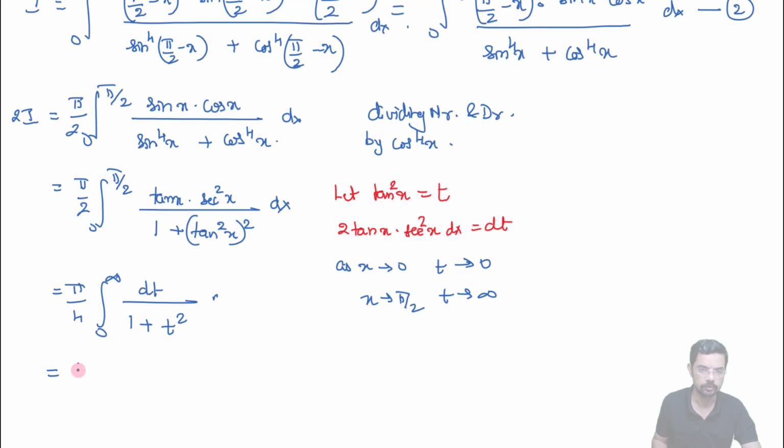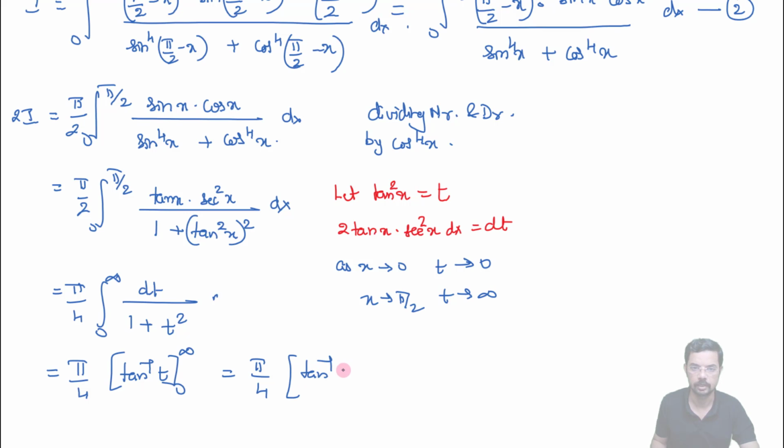So this is pi by 4 into the integral of 1 by 1 plus t square, which is tan inverse t. We put the limits from 0 to infinity, which gives pi by 4 into tan inverse infinity minus tan inverse of 0.